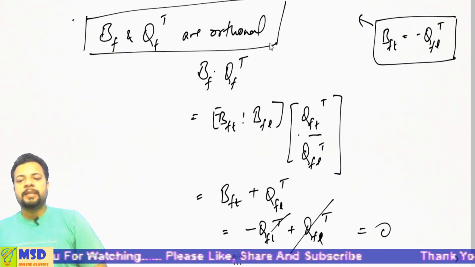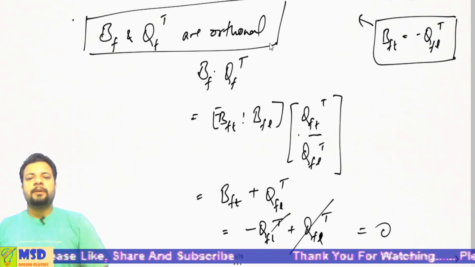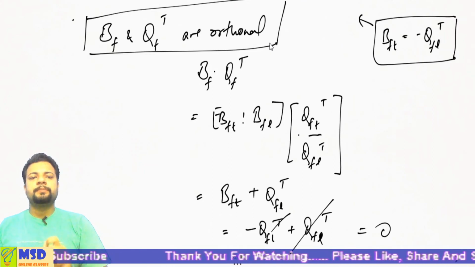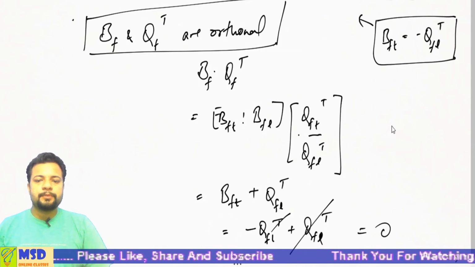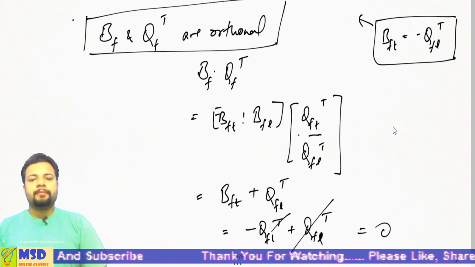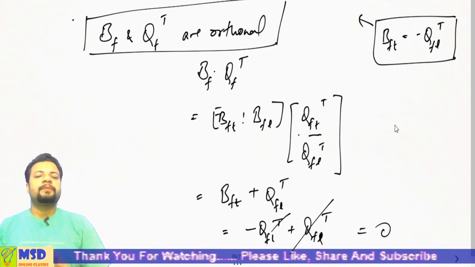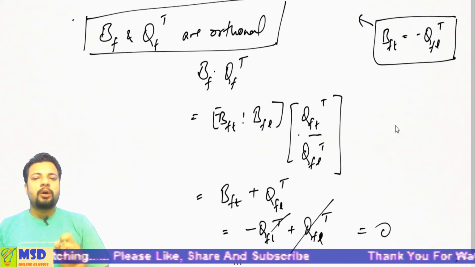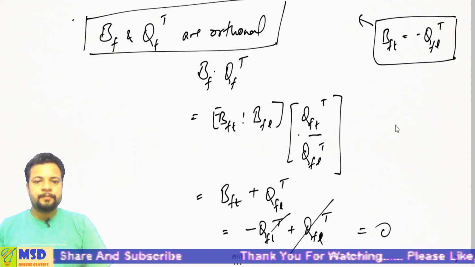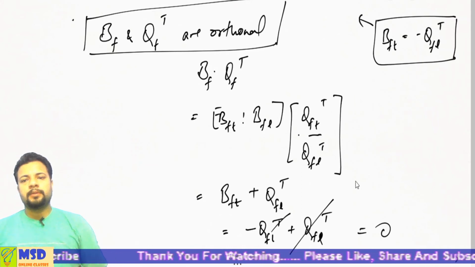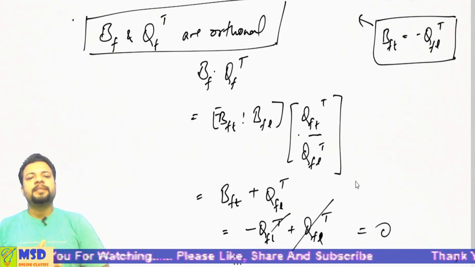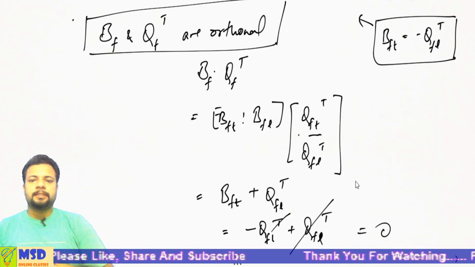For today's session, we have derived two relationships: A and BF are orthogonal, and BF and QF transpose are orthogonal in nature. I hope I'm clear here. So this is all about the interrelationship between various matrices.